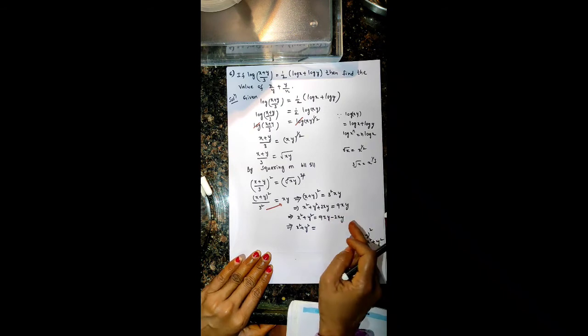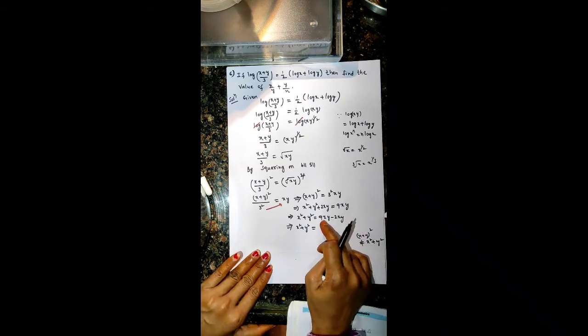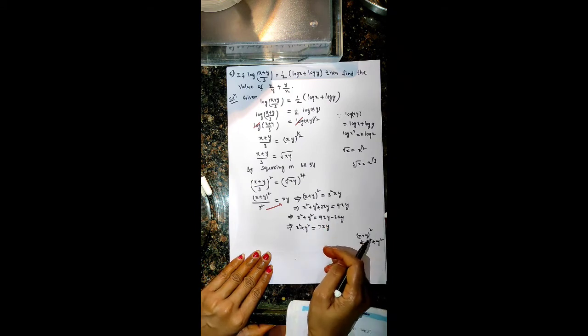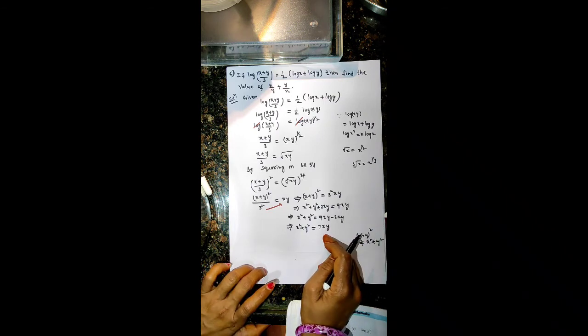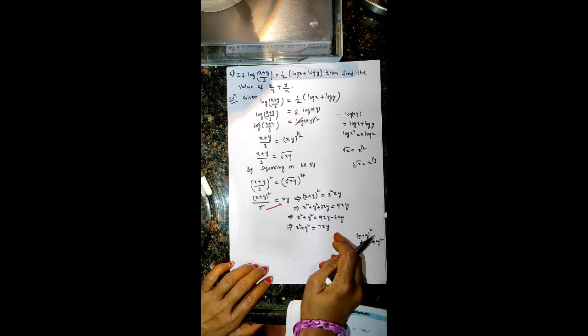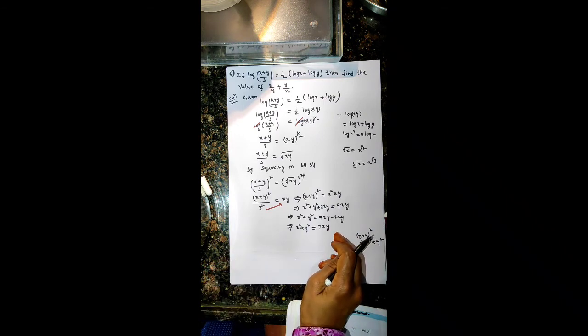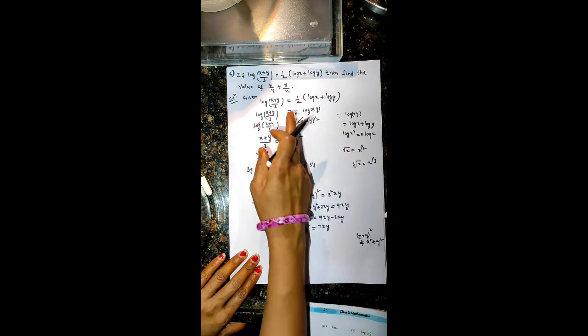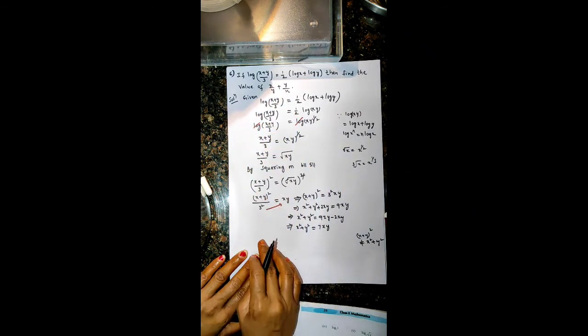We can add or subtract like terms. So 9xy minus 2xy equals 7xy. 9 minus 2, 7 only, no. Before I told you one example: 9 pence minus 2 pence means 7 pence only, no. Like that. But what we have to find is x by y plus y by x.